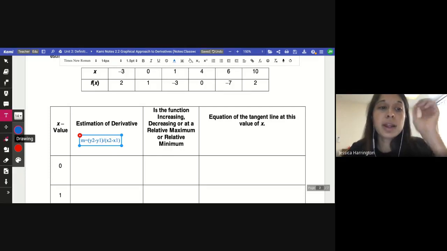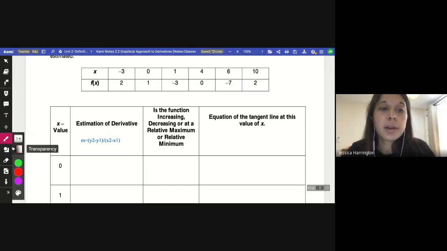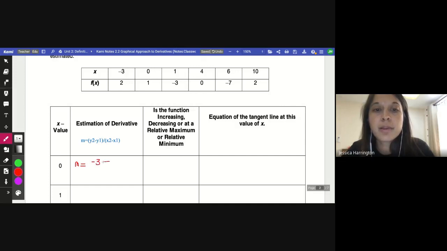So if I'm plugging that in, I'll use my pen here. My slope would be, well, my y2 is going to be the point above it. So -3 minus y1, which is 2, over x2, which is 1, minus x1, which is -3. So I am using this point as my point number 2, right?